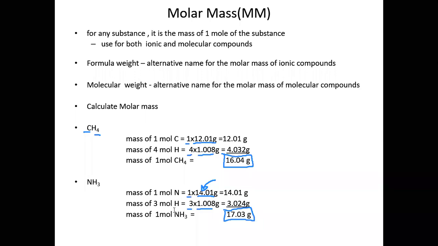So we'll look at one more example. Let's say we have SF4. The molar mass of this would equal 1 times the molar mass of sulfur plus 4 times the molar mass of fluorine.